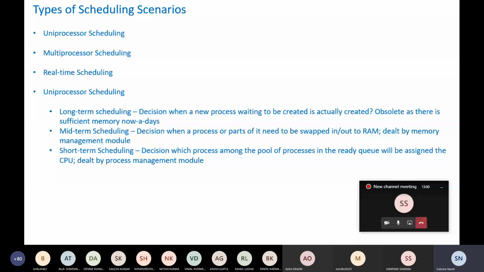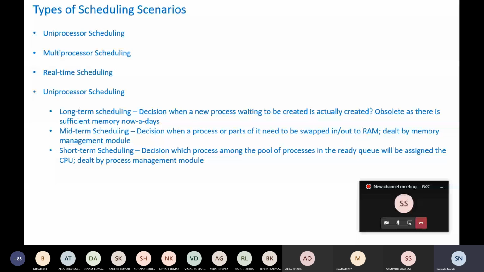These processes, when they run simultaneously, might depend on each other or interact with each other, and that might also be a criterion. So whether we pick two processes which are highly interacting or not interacting with each other might be significant in multiprocessor scheduling. We are not going into details of that.